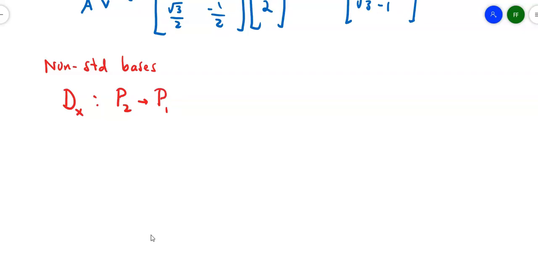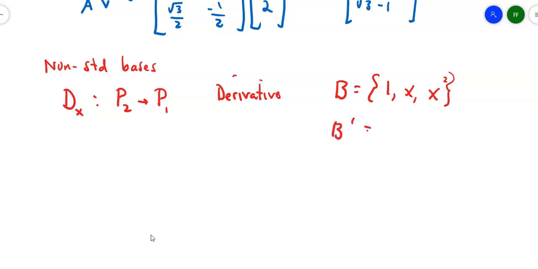Specifically, it maps the derivative of a polynomial with degree 2 or less onto a polynomial of degree 1 or less. So that means my standard basis right now is going to be 1, x, x squared. But the new basis is not 1, x, x squared, right? If I'm mapping it onto P1, my new basis is just 1 and x.